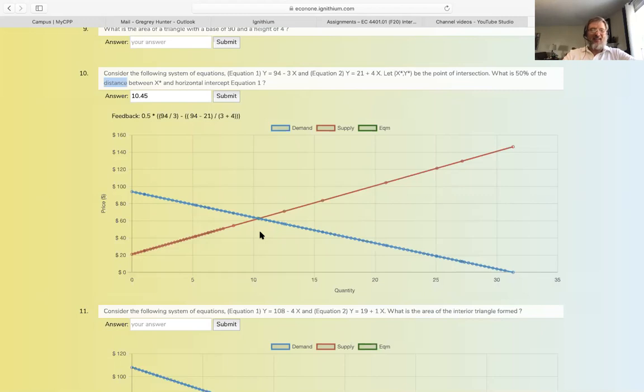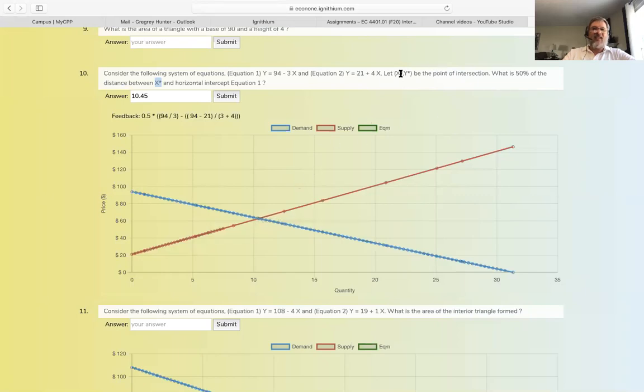So when I say, okay, distance between X, right? So when you look at the... Oh, you mean like X star? Yeah, so how do you find it? It says let X star, Y star be the point of intersection.